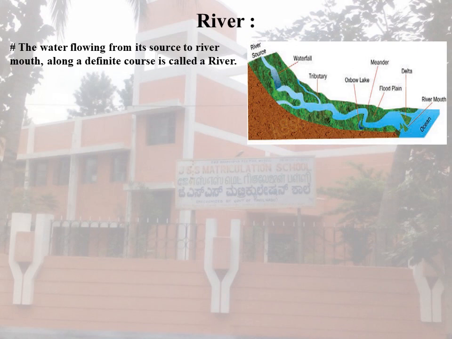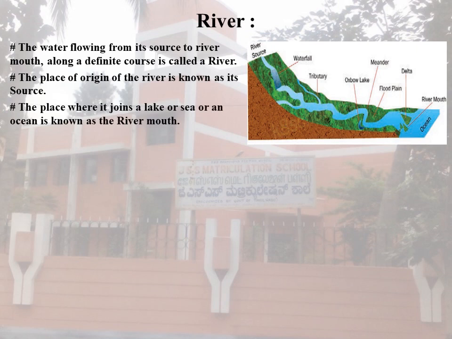The place of origin of the river is known as its source. I will give the picture on the right side of the notes, showing the river source. From there the river starts, and the place where it joins a lake, sea or ocean is known as the river mouth.